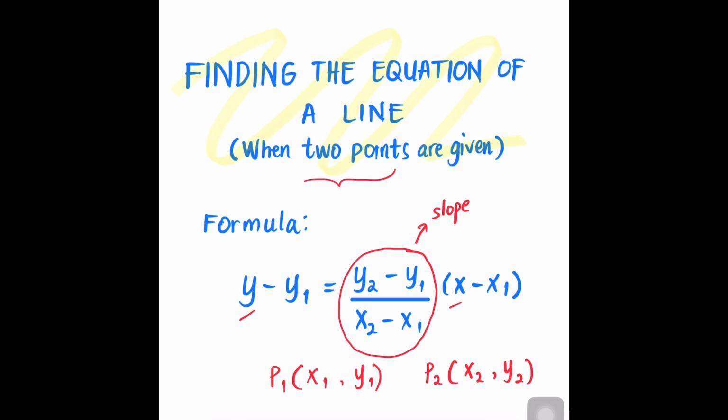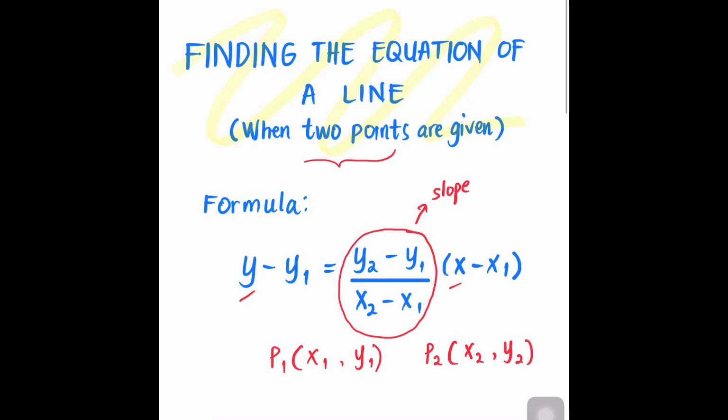And also from the previous videos, we learned that in order for us to define a line on the coordinate plane, we need to have at least 2 points. So that's the concept. Let's answer an example.